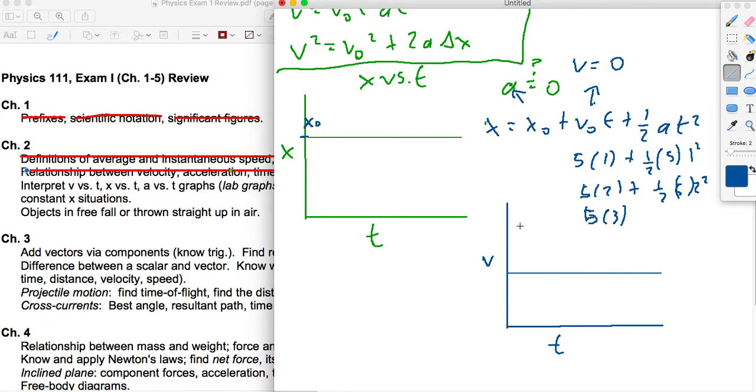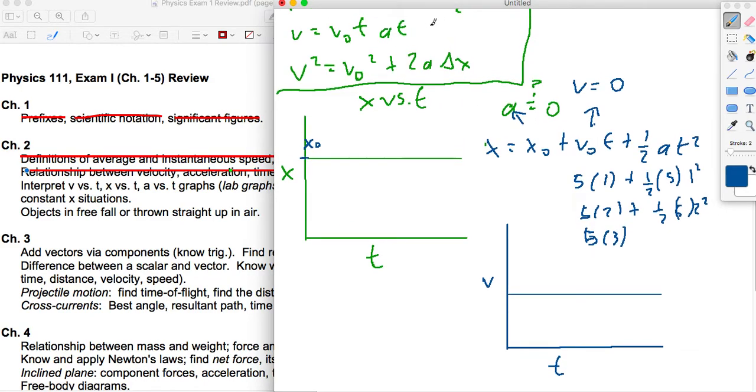It means that the velocity is constant, because the velocity is not changing. Same thing here, our position wasn't changing. In this case, our velocity is not changing. Therefore, that tells us that there is no acceleration, because from looking at our second equation right over here, v equals v naught plus at, if we stay at v naught, that means that there is no t, right? So our velocity is constant and our acceleration is 0.